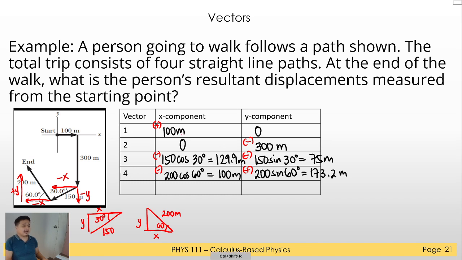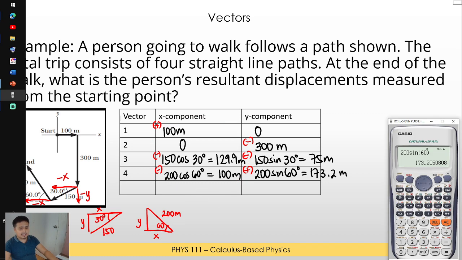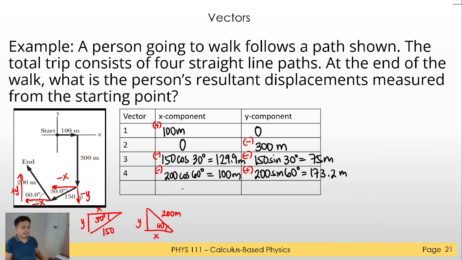So what should we do here to get the resultant displacement? We will just add everything. For the x component, we add everything here: we have 100 and then minus 129.9, since this is negative. So the resultant x component is negative 29.9 meters.